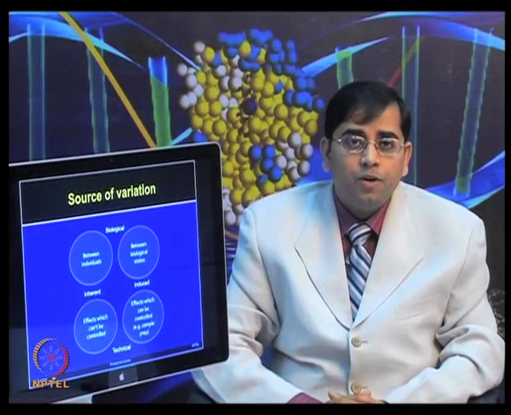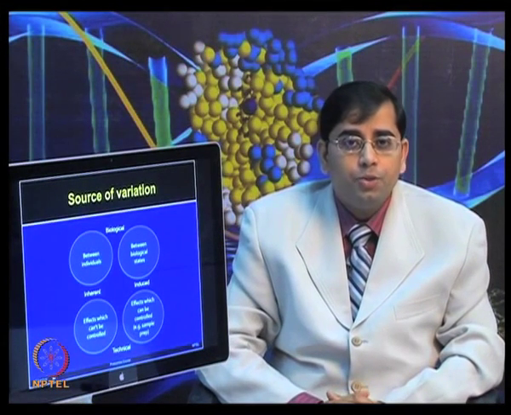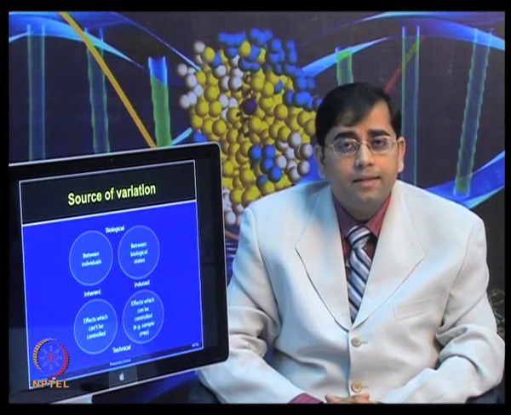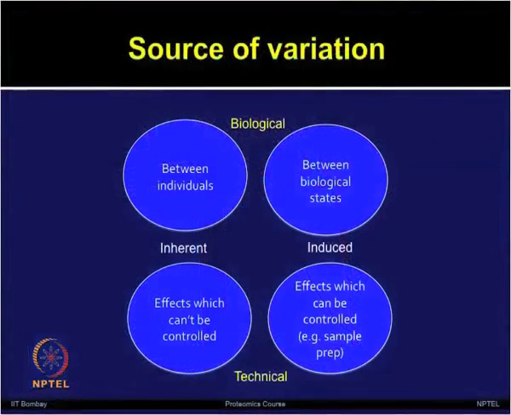So, different sorts of variations can be introduced by biological as well as technical means. There are different biological variations over which there is no control. If you are doing clinical studies, then even if you have done proper age and gender matching, there will still be some variations due to each individual's uniqueness.